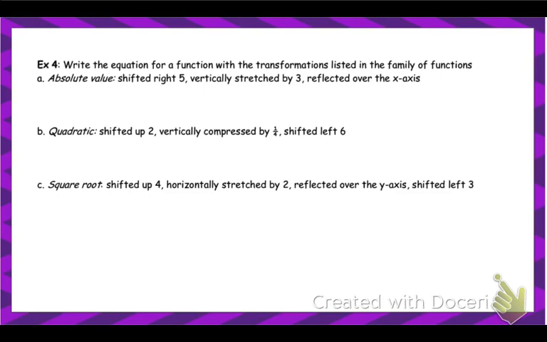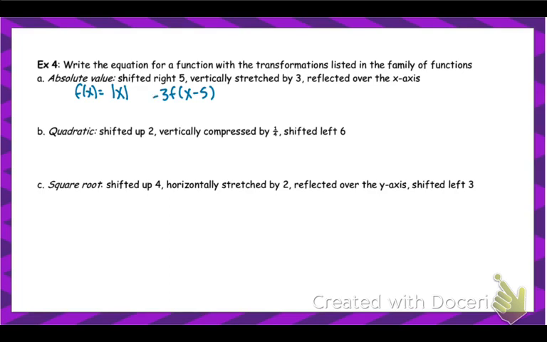So starting with absolute value. What it's telling me to do is take the absolute value parent function, and I'm going to apply the following transformations. We're going to shift it to the right 5. Well, that means f of x minus 5. We're going to vertically stretch it by 3, and we are going to reflect it over the x-axis.